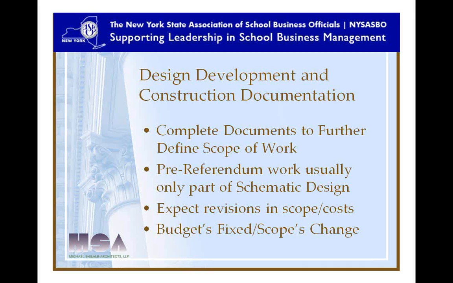Oftentimes, we'll see contractors try to substitute materials, lower quality materials or systems, and without clearly defining whether that door is going to have a full piano hinge or a 5-knuckle hinge, and whether it's a fiberglass door or a painted steel door. All of that significantly affects your project cost and certainly can lead to issues. And we find with complete documentation, we can prevent a lot of that from happening.